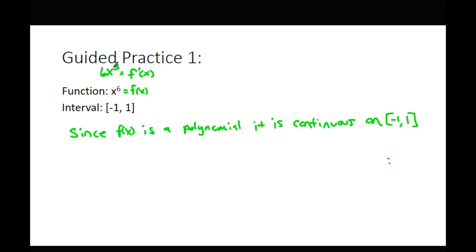Francisco, is this continuous on the interval? Yes. Yeah, because why? It's still a polynomial, right? So since f prime of x is a polynomial, it is continuous on that interval, and it is differentiable on -1, 1.